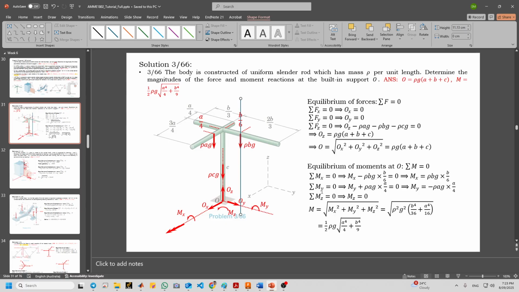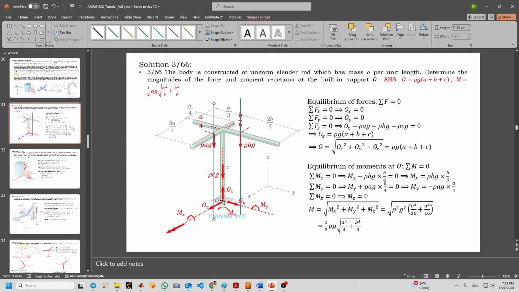For summation of MY, we need to also find the moment of all of the forces about point O. So rho cg about point O, the line of action actually passes through O. So it means that the moment of rho cg about point O is 0. But what about rho ag?